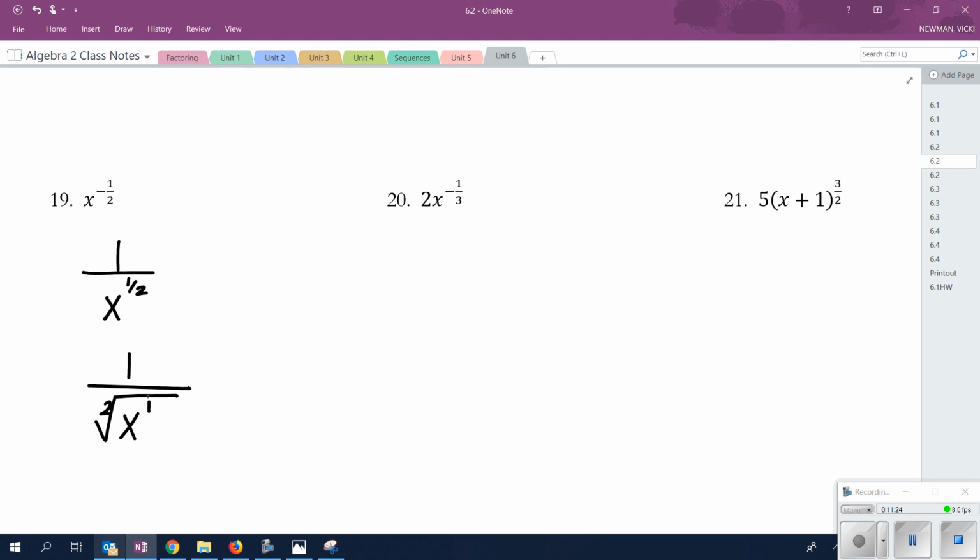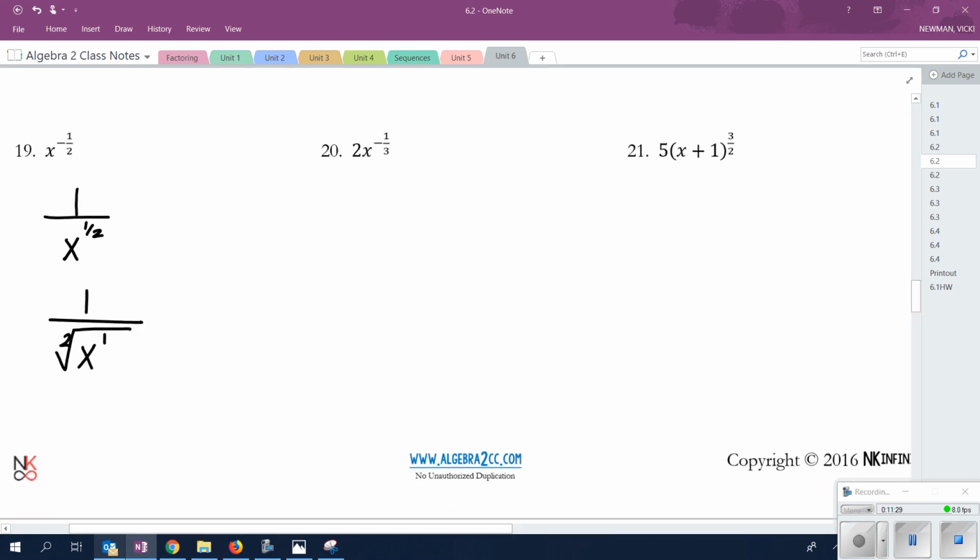All right. Now, 21. Look at it. Spy on it. What do you think you need to be careful of? Who has the fractional exponent? Who has the exponent? Is the 5 involved?